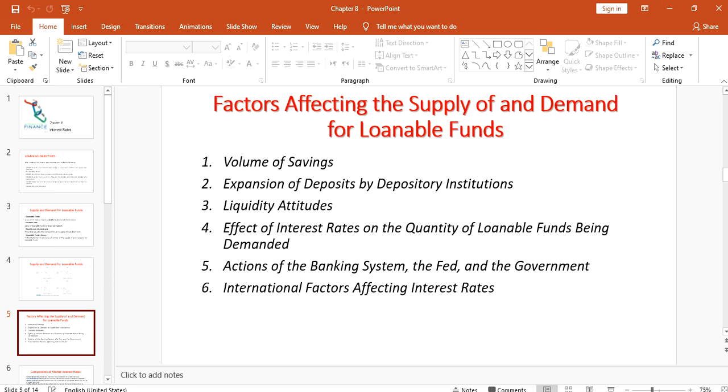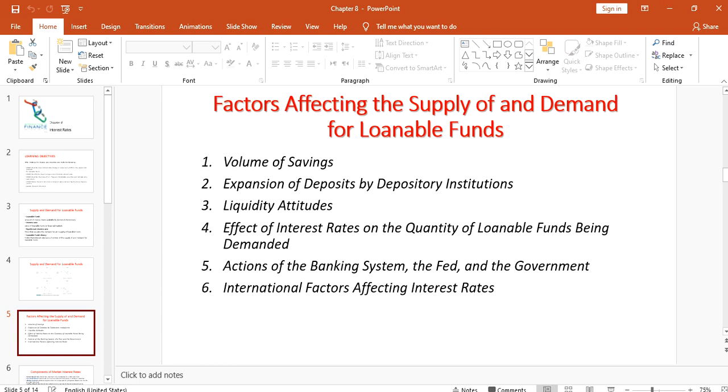So how much savings are there? And savings will be affected by income. So the volume of savings is another factor that shifts the supply and demand for loanable funds.